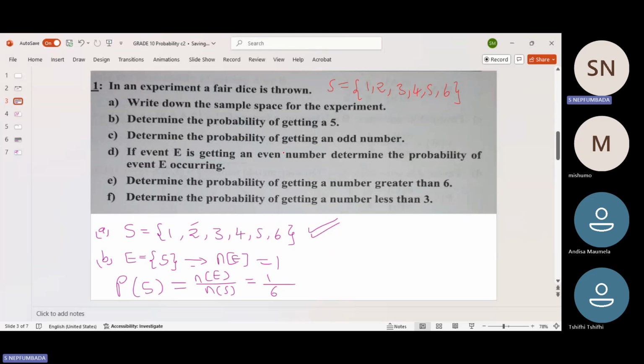On those numbers we have even and odd numbers, and a dice doesn't have a 0. If they ask you about the probability of getting a 0, that's an empty set, which means it is impossible to happen.